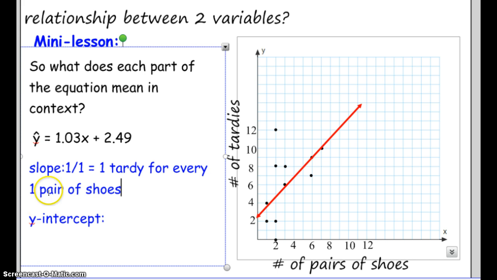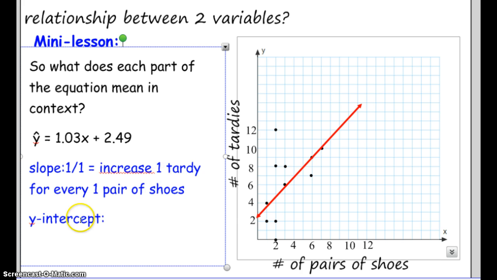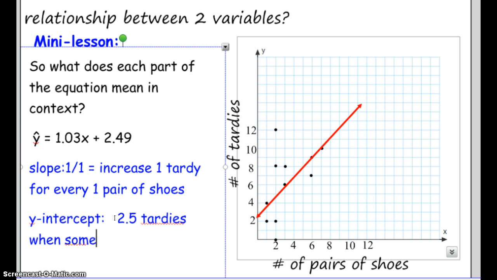Because remember, slope is rise over run, so our rise is number of tardies, our run is number of pairs of shoes. So it means that it's going to increase 1 tardy for every 1 pair of shoes. Now, whether or not that makes sense, we're going to look at in a little bit. Now, remember, our y-intercept was 2.5. So that means that there are 2.5 tardies when you have 0 pairs of shoes.